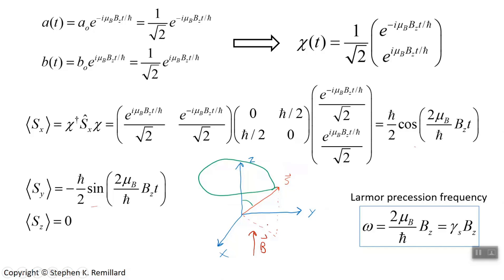By virtue of the magnetic field being in the z direction, the spin is going to precess around the z-axis. And that's precession. And the frequency at which it precesses is the Larmor precession frequency, which some of you have already seen if you've done the NMR experiment in advanced lab, or when you do the NMR experiment in advanced lab. I sure hope you do.